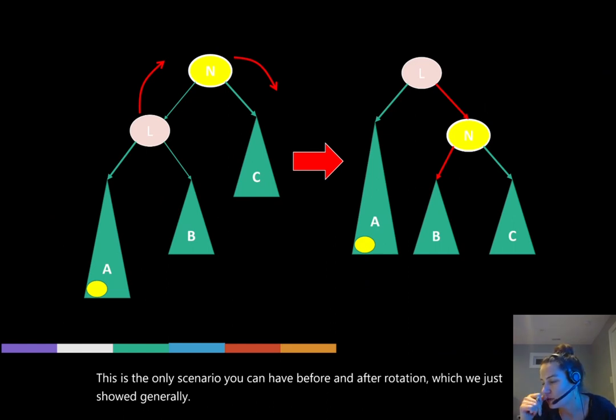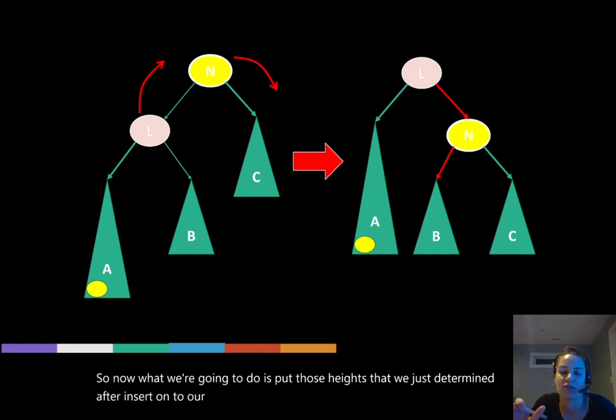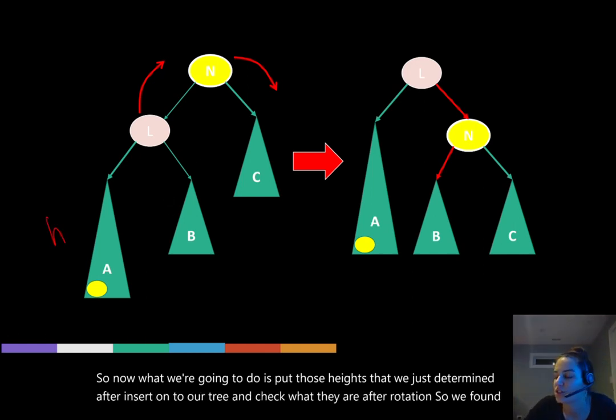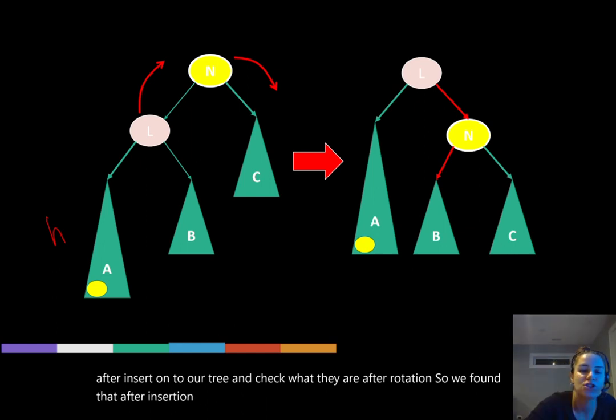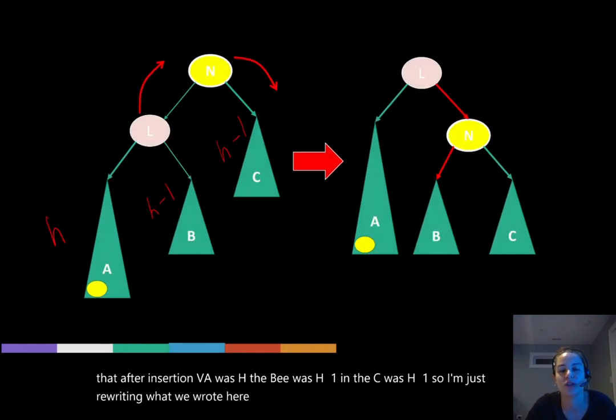So now what we're going to do is put those heights that we just determined after insert onto our tree and check what they are after rotation. So we found that after insertion, the A was h, the B was h minus 1, and the C was h minus 1. So I'm just rewriting what we wrote here onto the pre-rotated tree.